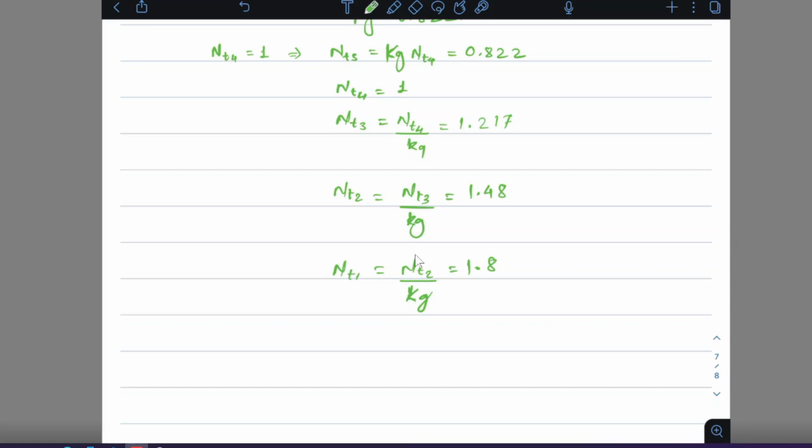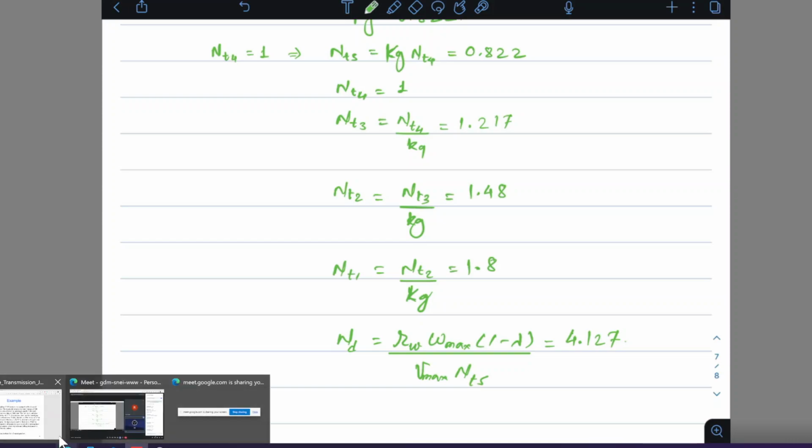Since now we know NT1, we can finally calculate ND as well. So that way we have gotten all the design parameters for the transmission.